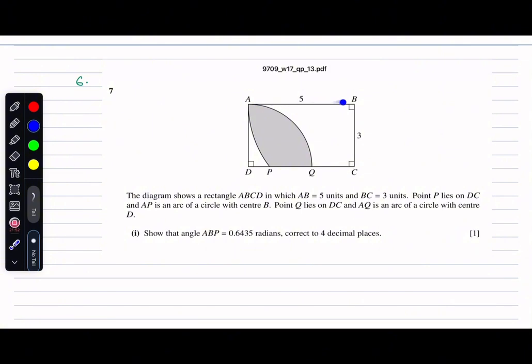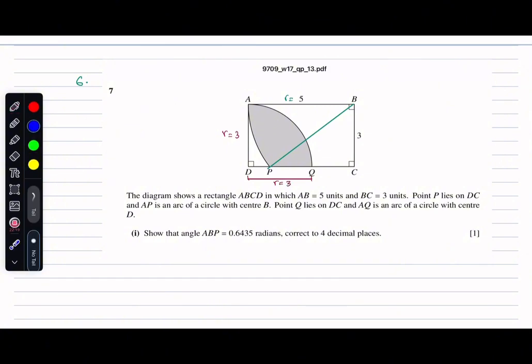The radius for ABP is 5, and for ADQ, the radius shall be equal to 3 centimeters. DQ is also going to be 3 centimeters.